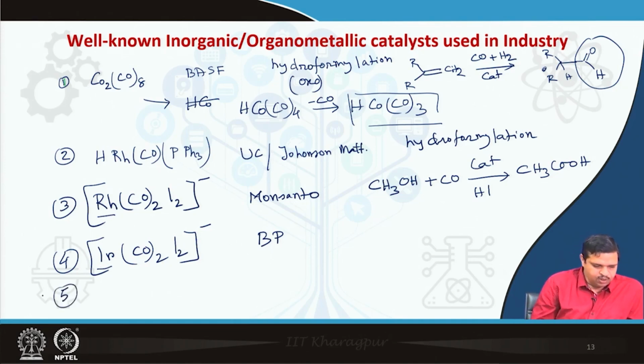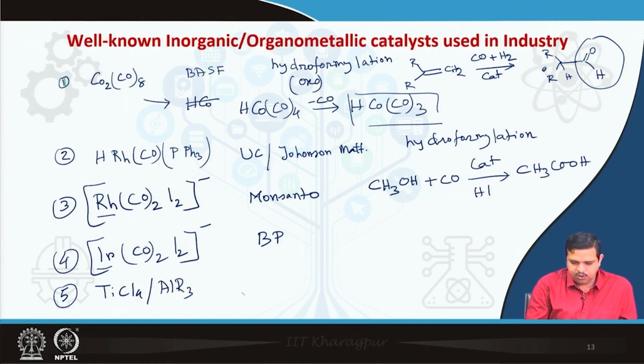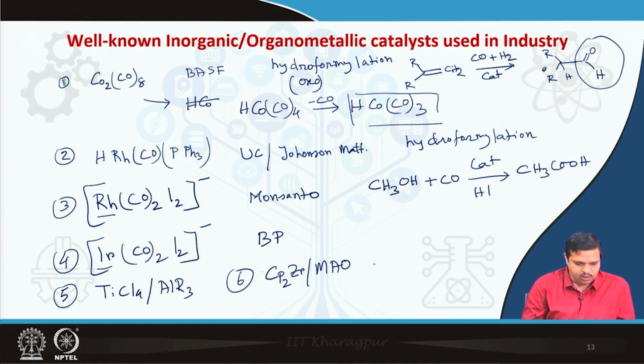Similarly, you know TiCl4 with AlR3, and also the metallocene based catalysts, which will be discussed in more depth in this course, were discovered by the industries Dow and Exxon. These are used for polyethylene synthesis.